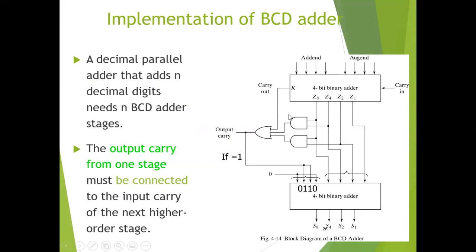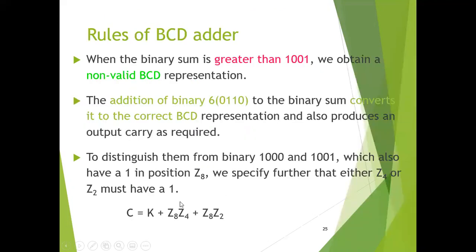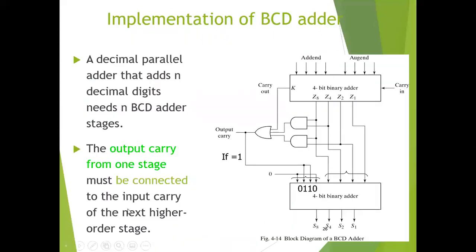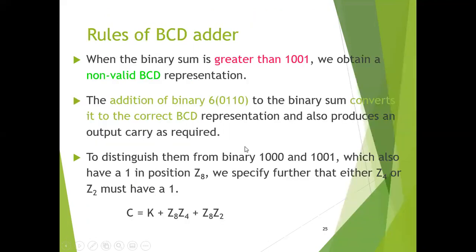The carry which we construct from this equation shows us how we find the carry output, and that equation of output carry is implemented by using two AND gates and one OR gate.